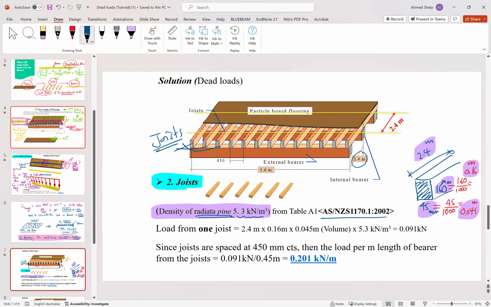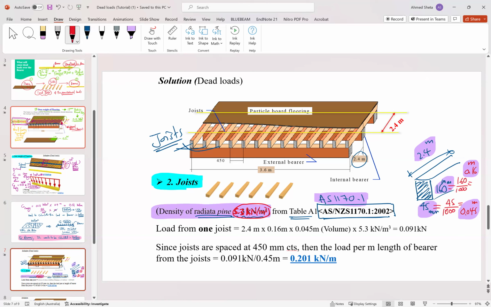You can find this value at table A1 in the Australian standard 1170.1. So you need also to have access to this standard because we need it in the calculation of our load. And then we can find the value is 5.3 kilonewton per cubic meter.